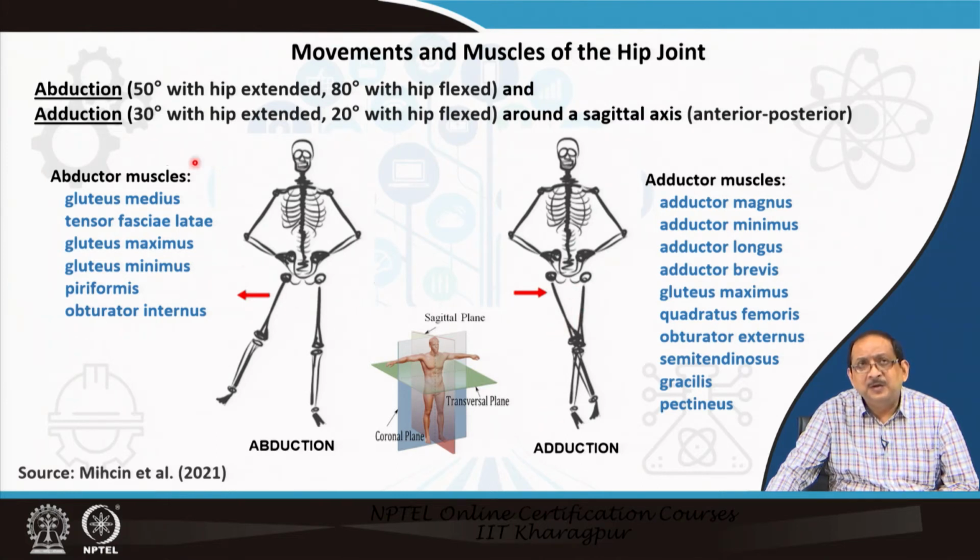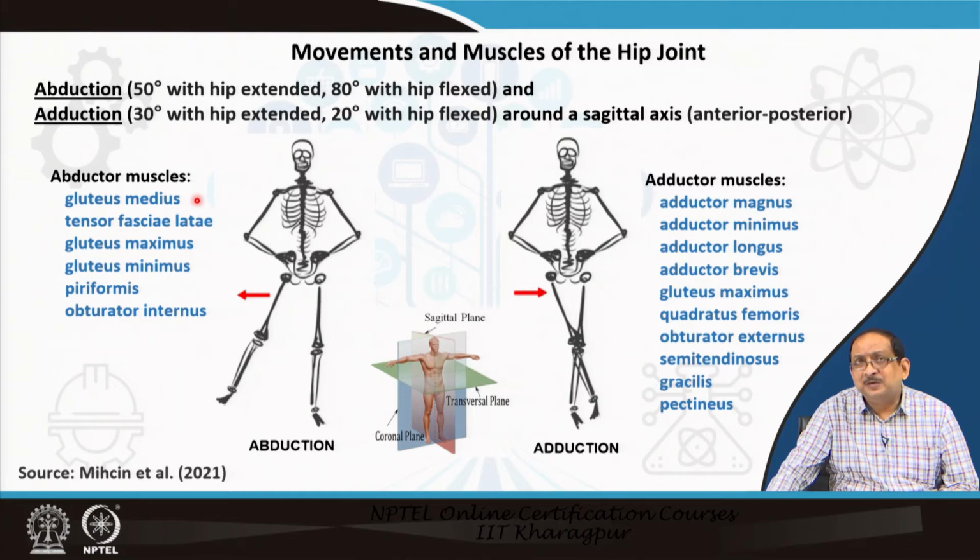For the hip, we can have a maximum of 50-degree abduction with hip extended and 80-degree abduction when the hip is flexed. The angle for adduction is 30 degrees with hip extended and 20 degrees with hip flexed, around the sagittal axis in the anterior posterior direction.